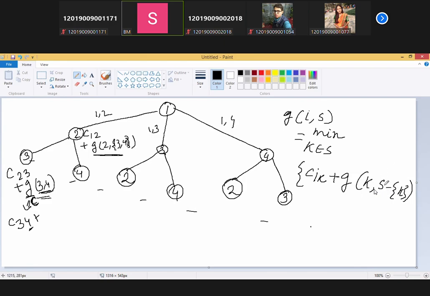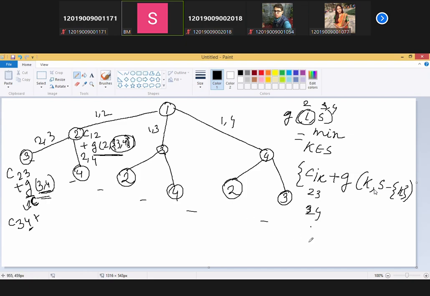So every time, s, in the previous step, it was 3, 4. So in the next step, what will be there? Now in the next step, i is 2, and s is 3, 4. So when you are coming here, for 2 to 3, one will be, another will be 2 to 4. So 2 to 3 is this line, 2 to 4 is this line.